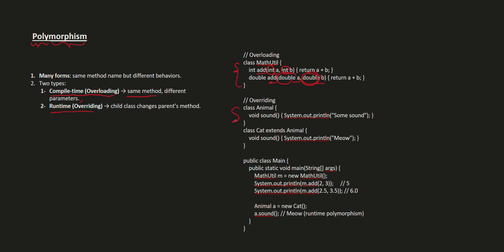Overriding is when the child class changes the parent method. So we have two classes here. One is the animal class, which is the parent class, and the child class, cat.